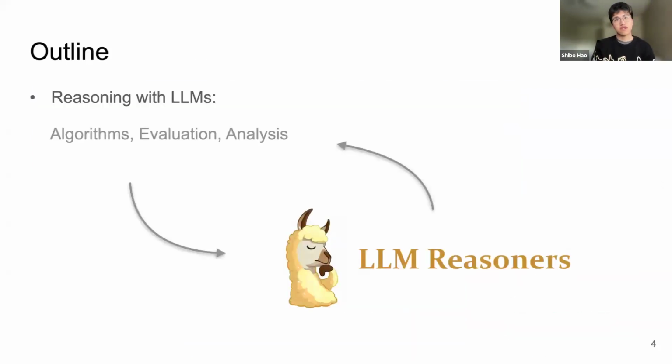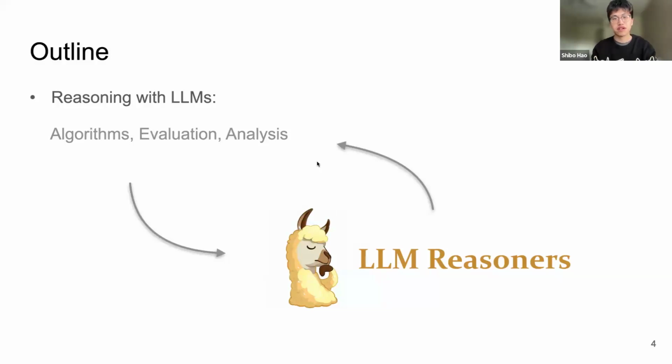In this talk, I'm going to give an introduction to some important aspects of LLM reasoning, including some recent works on reasoning algorithms, evaluation, and analysis. There are also going to be a couple of hands-on coding sessions where we'll play with LLM Reasoners in a Jupyter notebook.